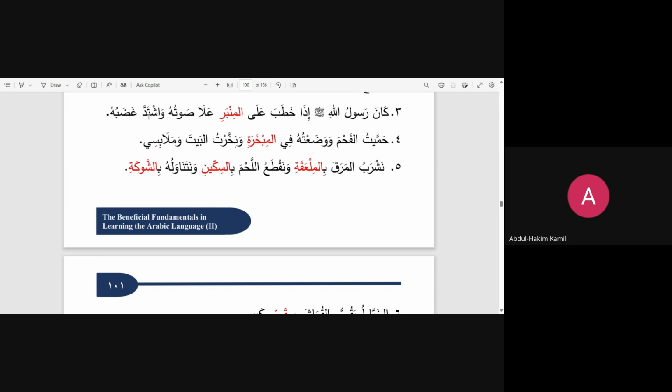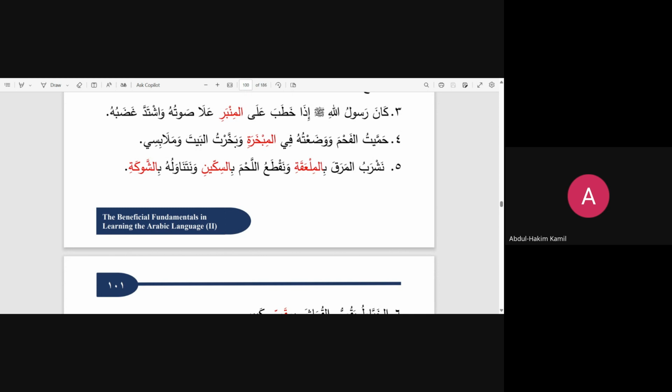What about the shadda? واشتد غضبه. Take your time. Stop. Bounce on top of the dal. The ball goes all the way down, and then you bounce back up with it. That's the واشتد غضبه.